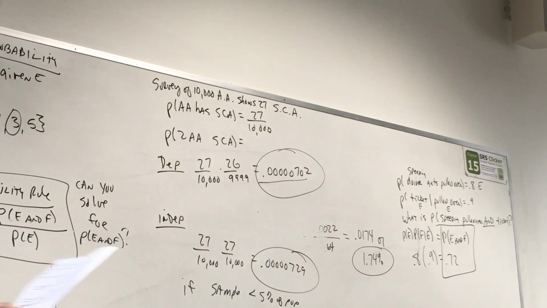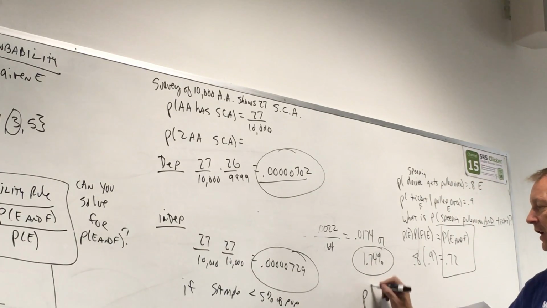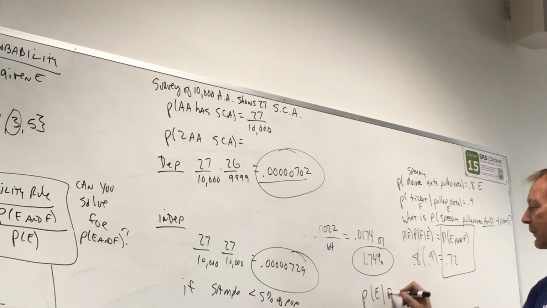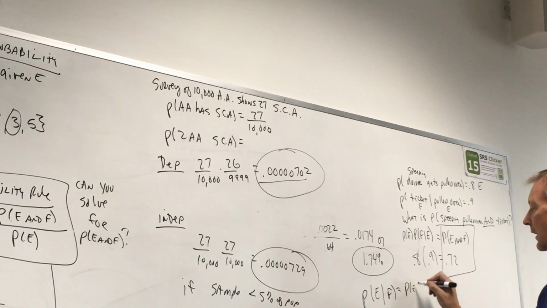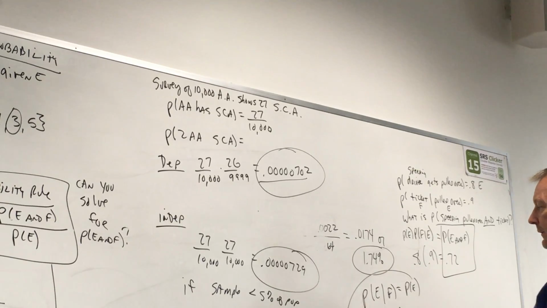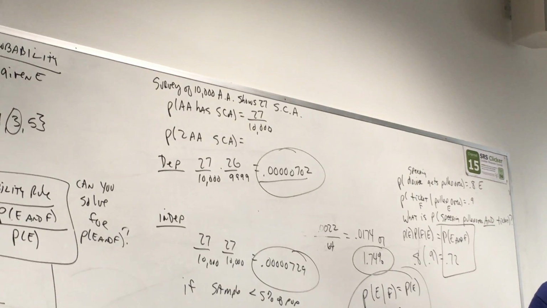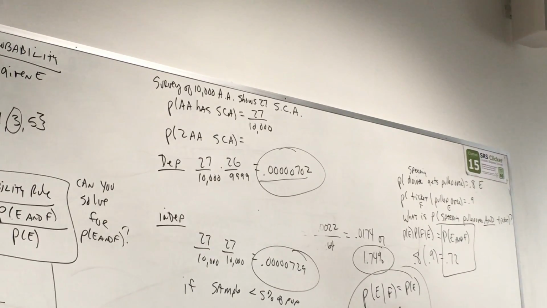So finally, the last thing I want to do is the conditional probability rule, which basically says if the probability of E given F equals the probability of E, or the probability of F given E equals the probability of F, we can assume independence. Because essentially what we're saying here is F has no impact on E, it's the same probability. And once again, E has no impact on F. Does that make sense?